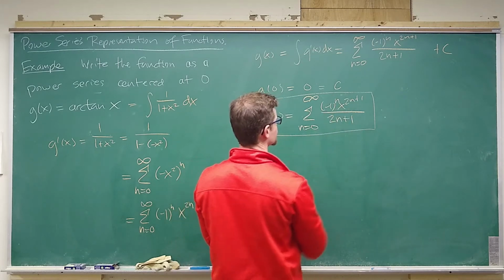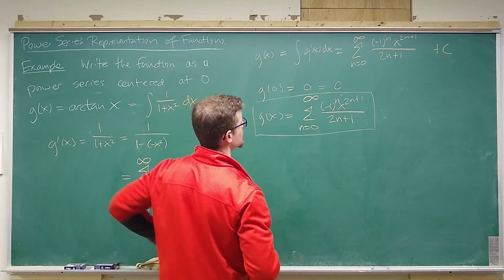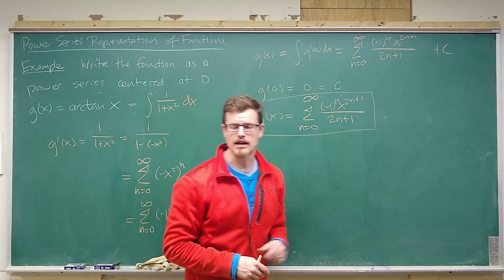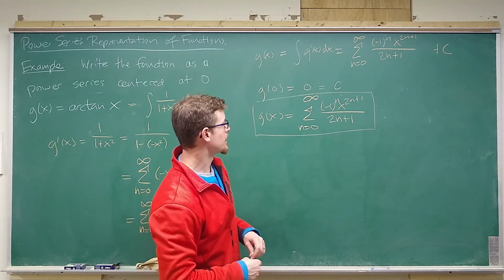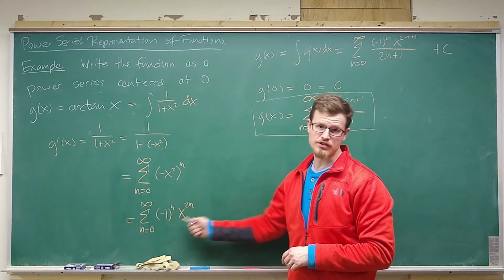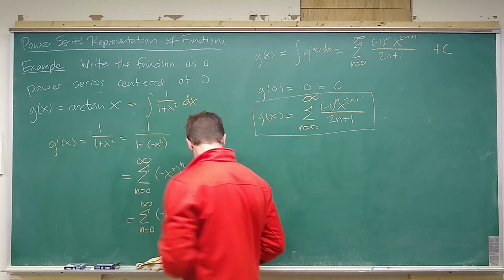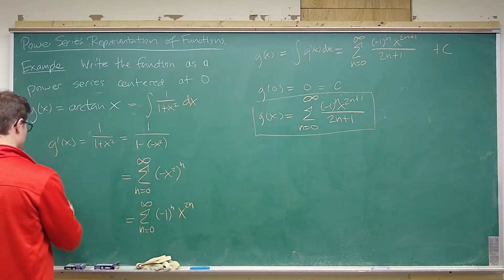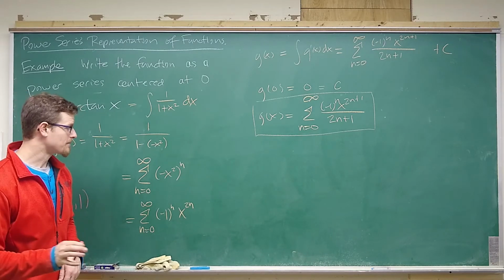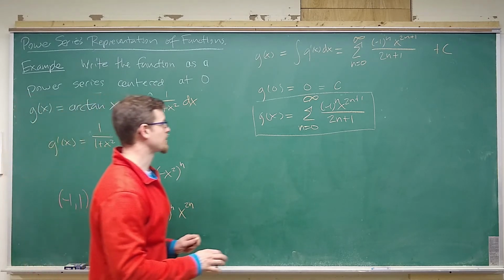Sorry about that. Well, I could represent this as a geometric series, it appears, but I could also have started over here, which would have been a little bit easier. This is a geometric series, we know that, and this would give us an interval of convergence from negative 1 to 1, which may not be immediately obvious, but I trust you to determine that on your own.